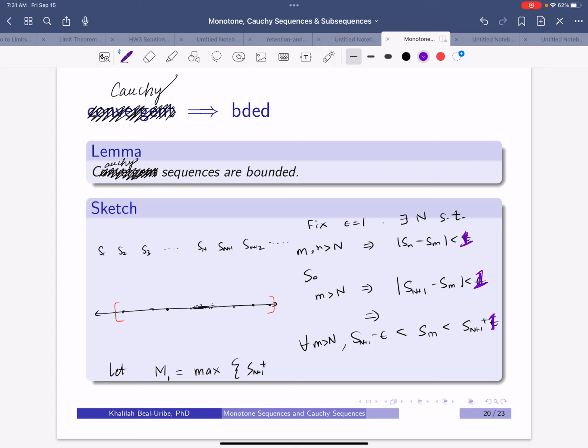Right, it's true for any epsilon, so in particular it is true for epsilon equals 1. So the max of this number right here, and S1, S2, dot, dot, dot, all the way up to Sn.